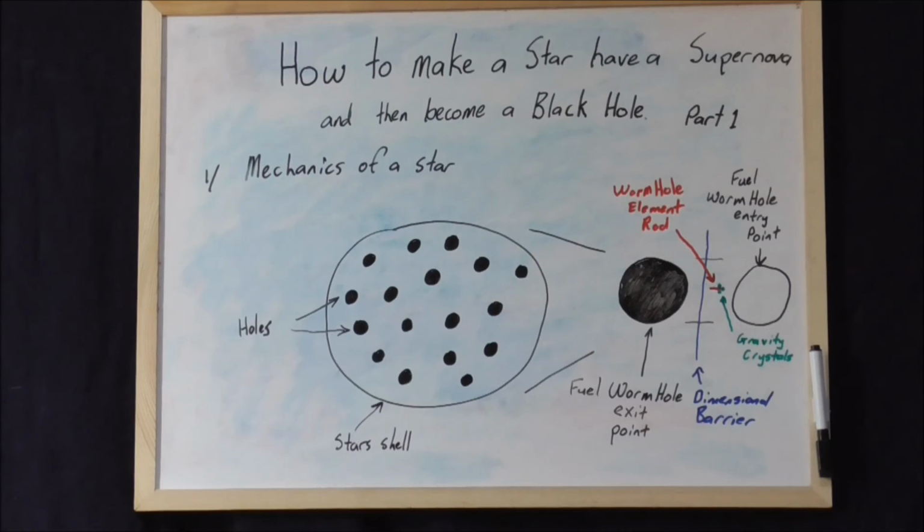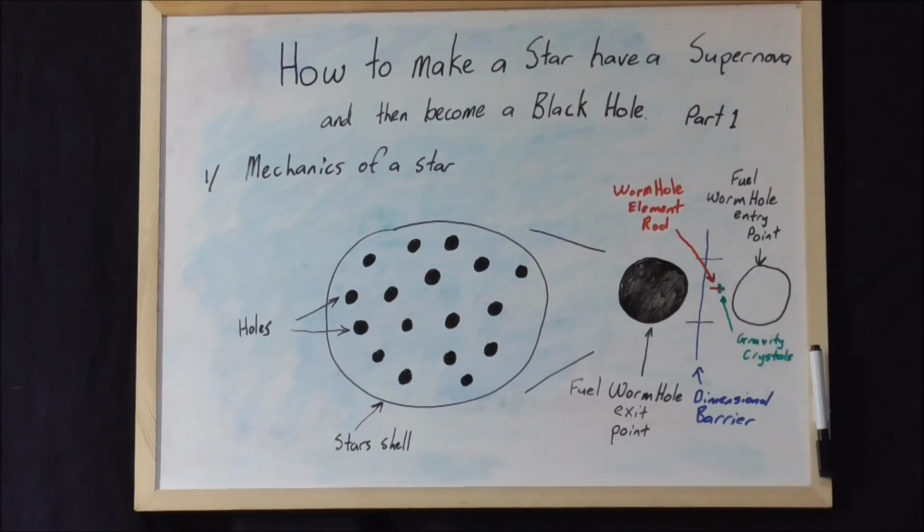So in order to cut off the fuel supply, the gravity field has to be shut down and the wormhole decoupled by separating all of the gravity crystals from the wormhole rod simultaneously. If you do it one at a time, what happens is you wind up with the wormhole going down through each dimension as you pull each gravity crystal off.